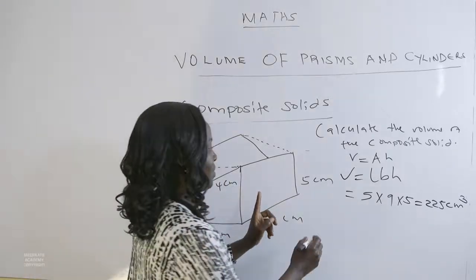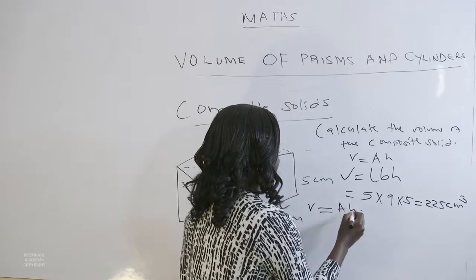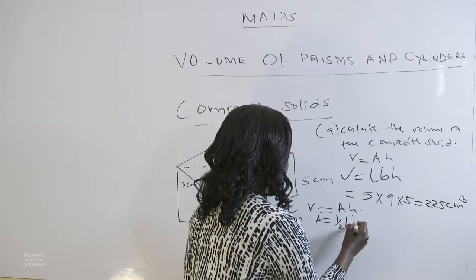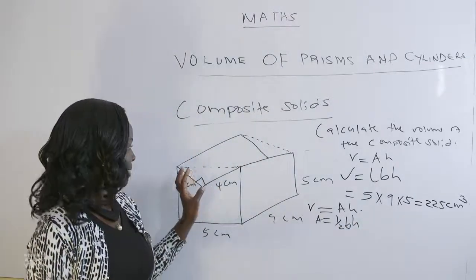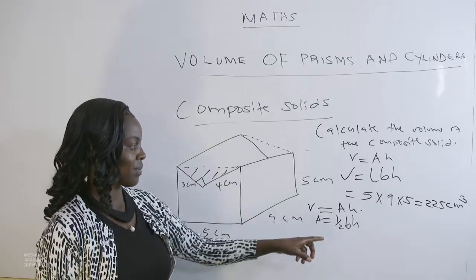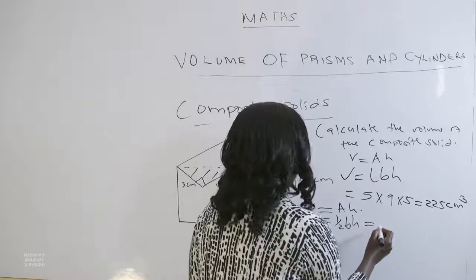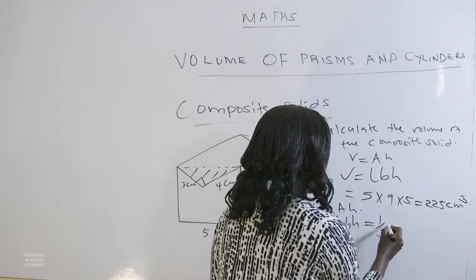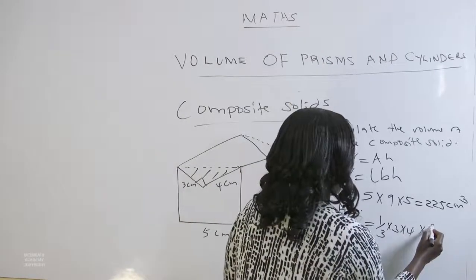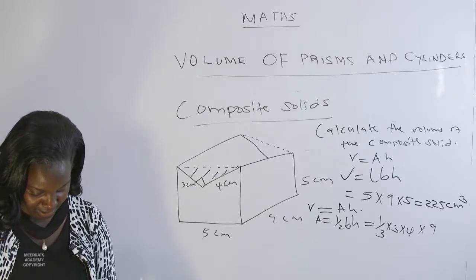Because the base is a triangle, we say area is equal to half base times the height, and the height is 9.